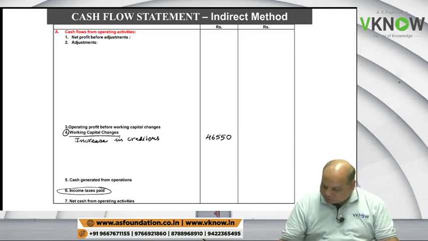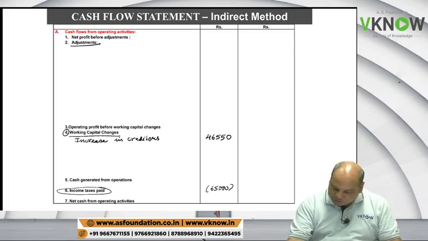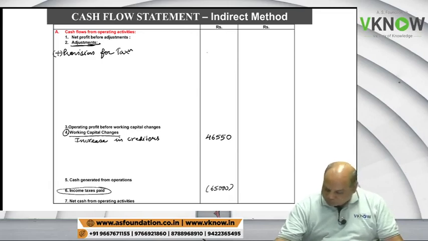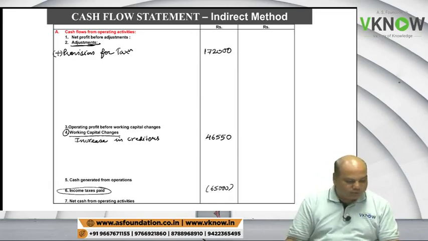Last year tax paid 65,000 in bracket, and in adjustment add back provision for taxation 1,72,000.